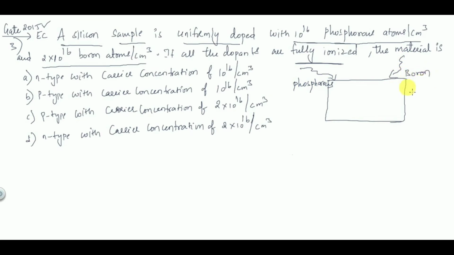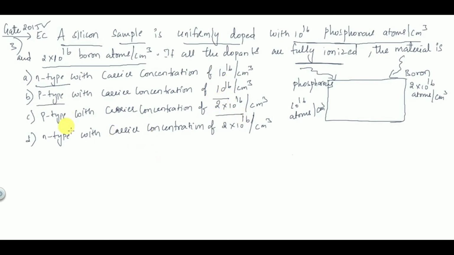Boron is 10 to the power of 16 atoms per cubic centimeter, and here it is 10 to the power of 16 atoms per cubic centimeter. All the dopants are fully ionized, then the material is... They are asking whether the material is N type or P type, and you also have to find the final concentration.